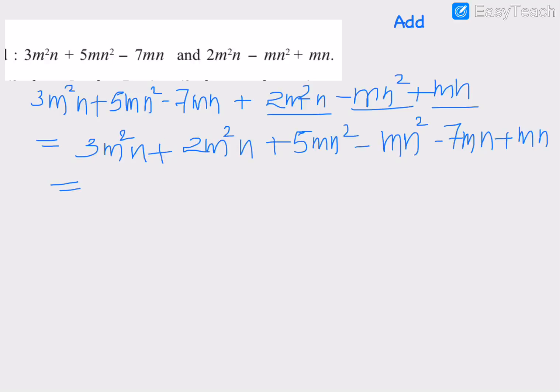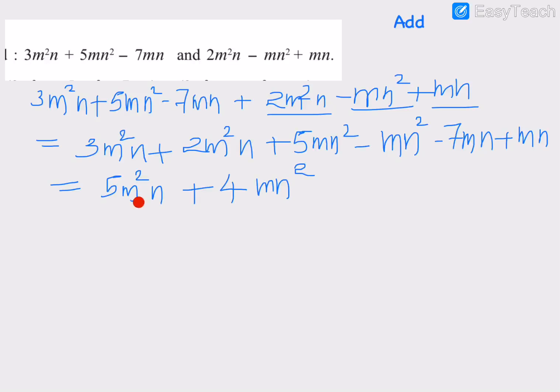In this we can add or subtract all the like algebraic terms. 3m square n plus 2m square n is 5m square n. Then 5mn square minus mn square will be 4mn square.